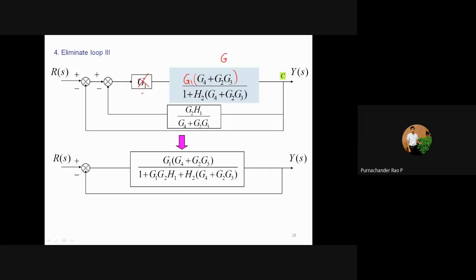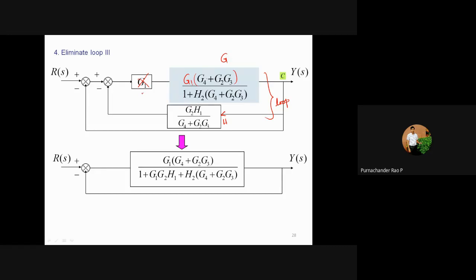And this block is G and this block is H, because this is in a reverse block. Okay, so these two are forming a loop, so you can eliminate this as G by 1 plus GH. So the resultant value is going to be this.